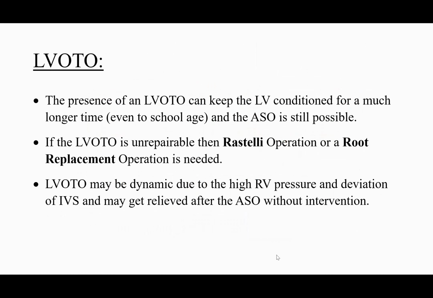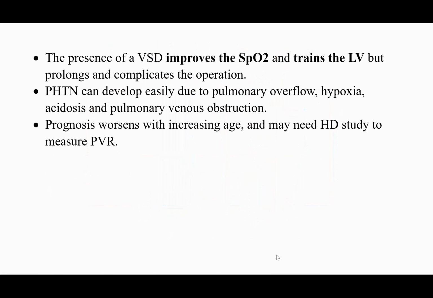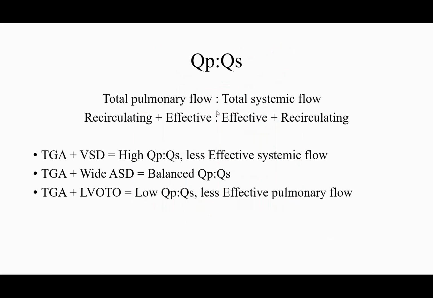We said previously that the presence of a VSD trains the left ventricle, but prolongs and complicates the operation, because we will need to close the VSD with a patch. So this prolongs the operation, increasing the bypass time and the cross-clamp time. So the patient may come out after surgery with more complications from the bypass.